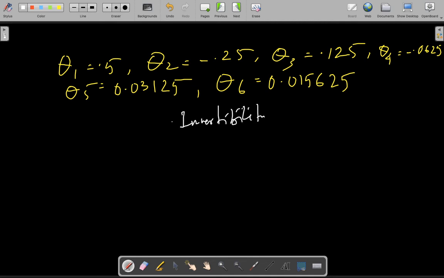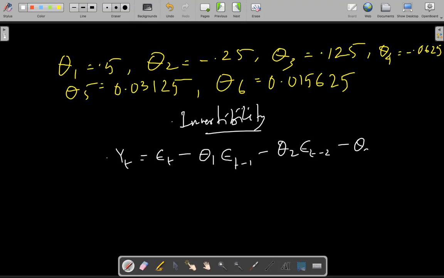Let me now write down the MA series of order 6. I will write it as Yt equals et minus theta 1 et minus 1 minus theta 2 et minus 2 minus theta 3 et minus 3 minus theta 4 et minus 4 minus theta 5 et minus 5 minus theta 6 et minus 6. Now let us put the values here.